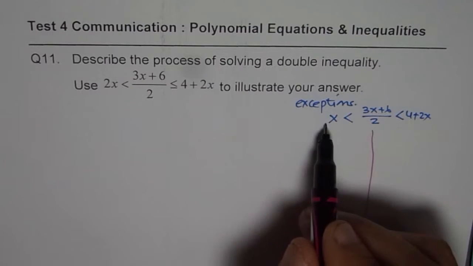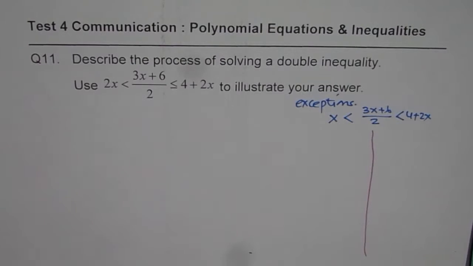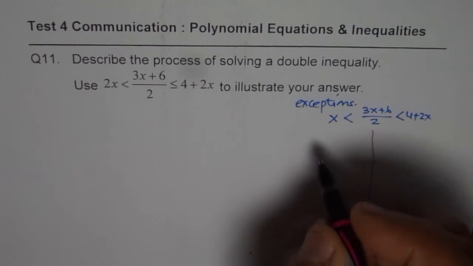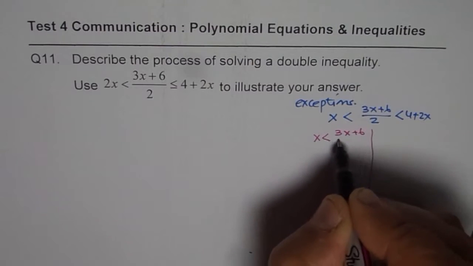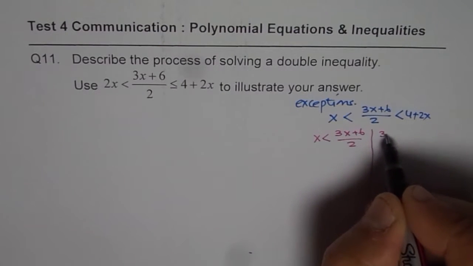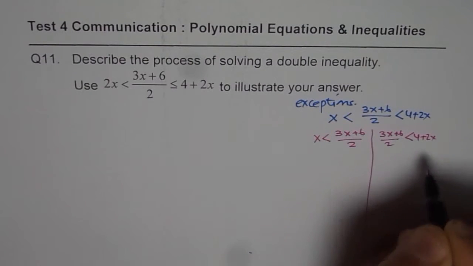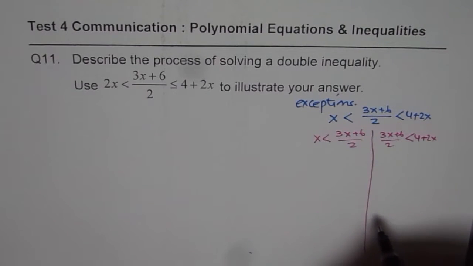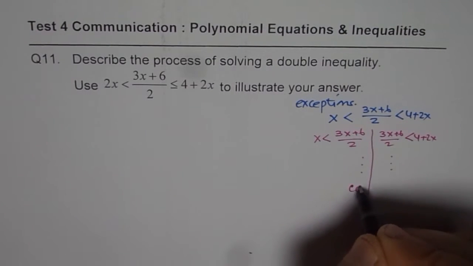I'm not able to get rid of x from both the extremes. So in such cases, we'll first solve x less than (3x plus 6) divided by 2, and then (3x plus 6) divided by 2 is less than 4 plus 2x. Find each solution and then get the one which is overlapping, so we check the common solution.